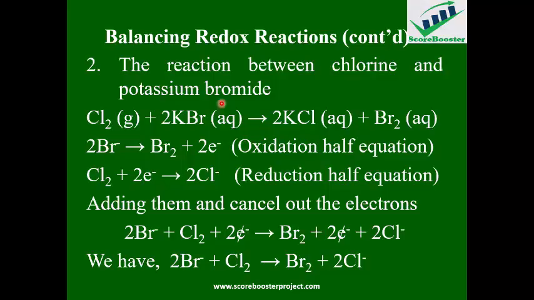We do it like the one we did now. The chlorine now, we do it the one we did now. So if there is imbalance of electron, as I said earlier, we try to balance it. If there is balance, then we proceed. We just add the two together, bromine and chlorine. Then we have the other one in the second half of the reaction, I mean the product side. So we now have this.